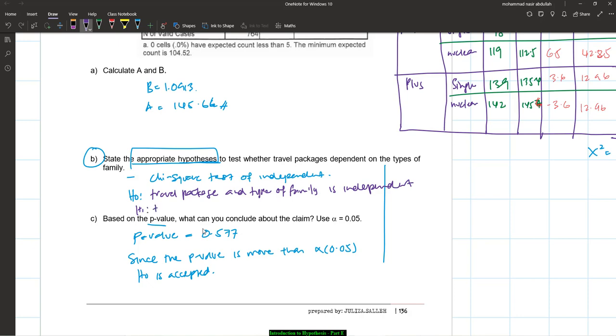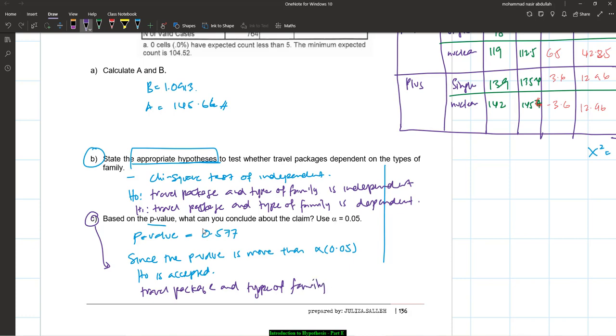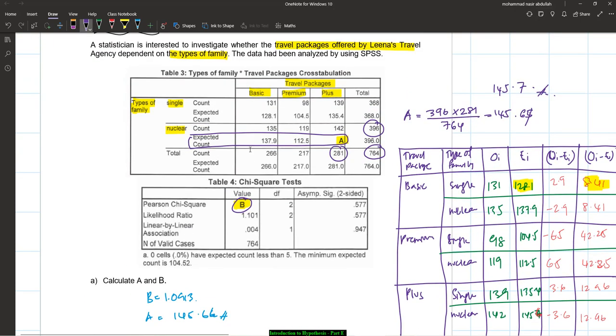Alternative hypothesis, travel package and type of family is dependent, right? So for C, since null hypothesis is accepted, we can conclude that travel package and type of family is independent, right? So this is how we answer the question lah.